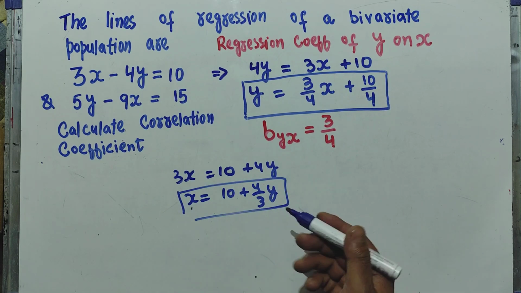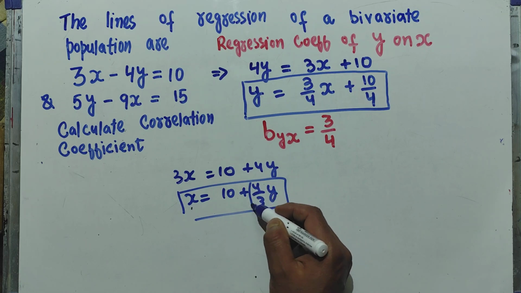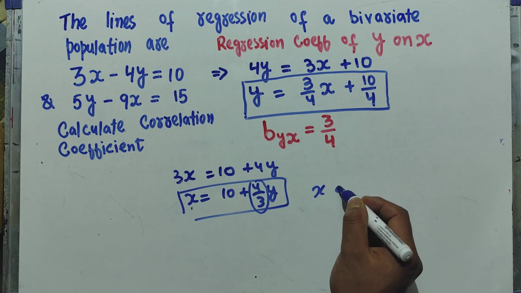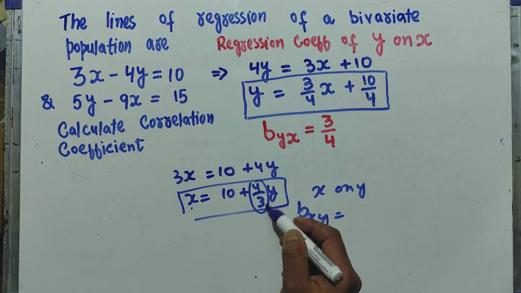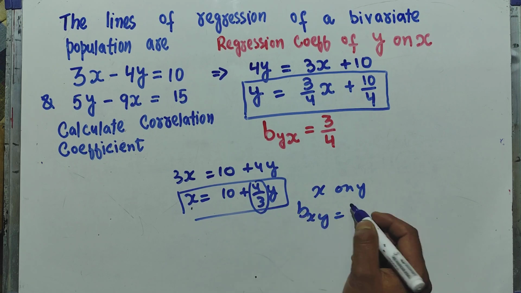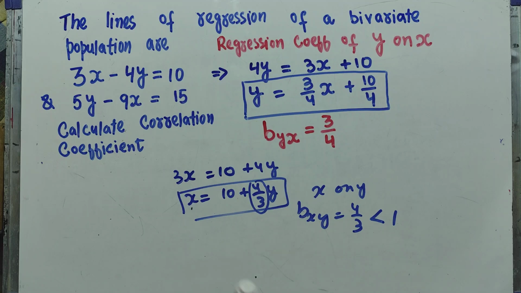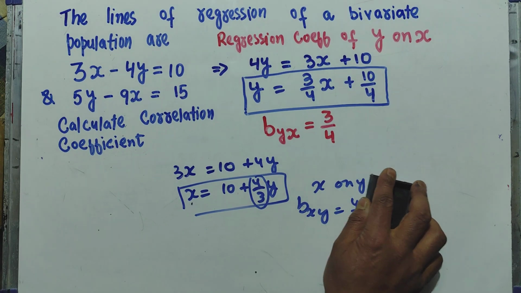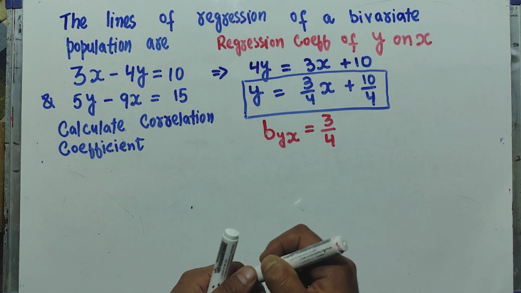So this would have been incorrectly specified, because bxy, the regression coefficient, is 4 upon 3, but it should be less than 1. So we need to clearly see the slope should be less than 1 to get the correlation coefficient from the regression coefficient. Okay, so byx is 3 upon 4.